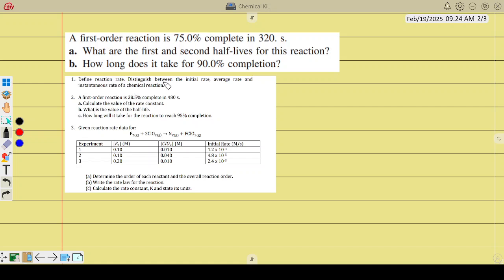Question 1, I think you can now observe that it's common. In the first, introductory lesson, we discussed this. I've even shown you some exam questions on this: the initial rate, average rate, instantaneous rate.